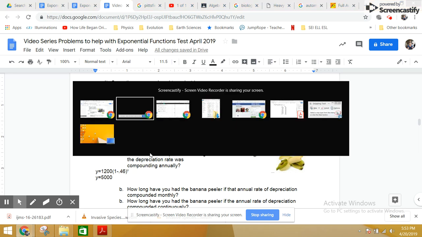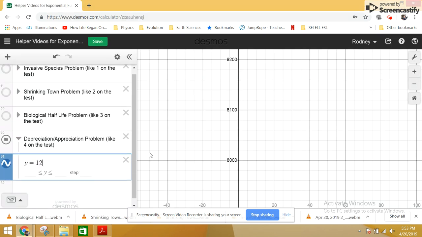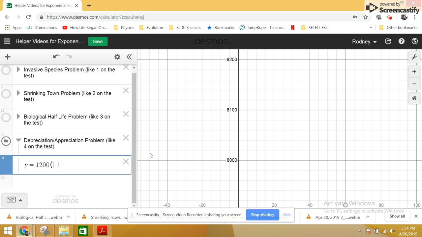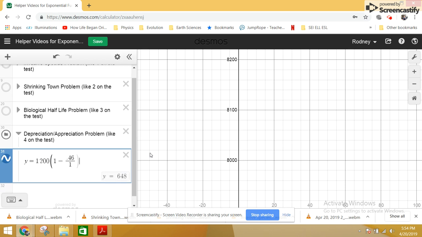So let's go over to Desmos, and we'll say y equals 1,200 times 1 minus 0.46. I'm going to go ahead and write over 1 just to remind you that we are compounding, raised to the 1x power.